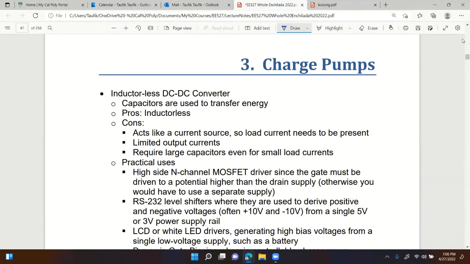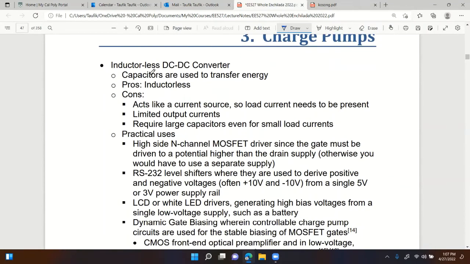The ones that you learned in EE410 are inductor-based converters: buck, boost, push-pull, forward, single switch, and flyback. Those require inductors, but charge pumps do not. In this inductorless DC to DC converter, capacitors are used to transfer energy instead of inductors.